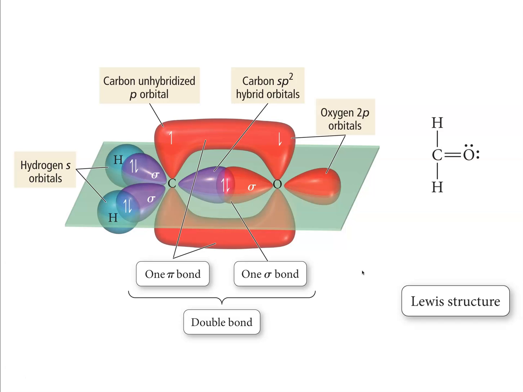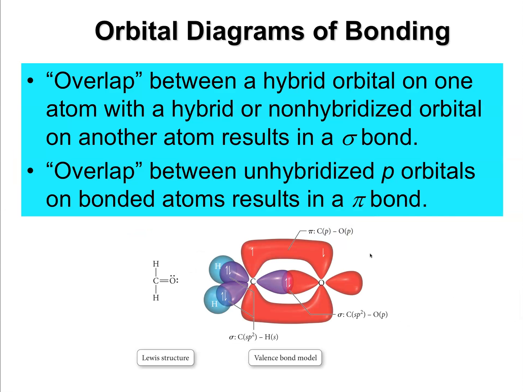Call it on the y-axis, for that matter, where the sigma bond is on the x-axis. If we look on the y-axis, there is our pi bond. This whole red area going above and below the plane gives us our pi bond. Questions about this one? Okay.